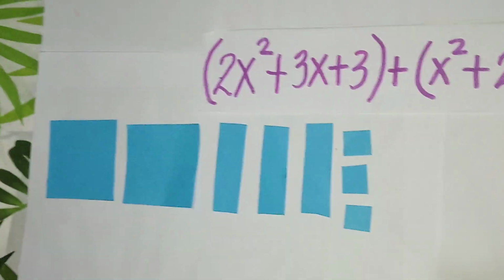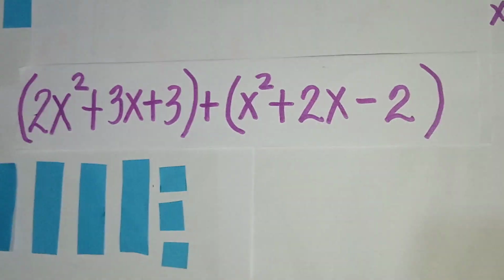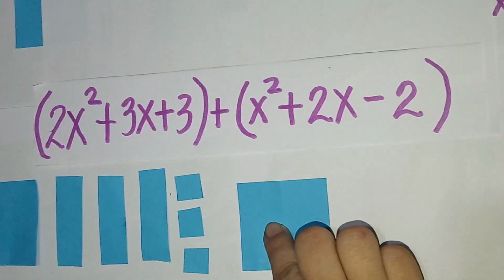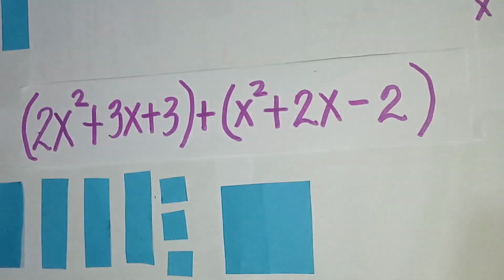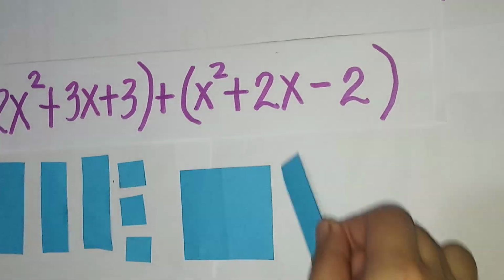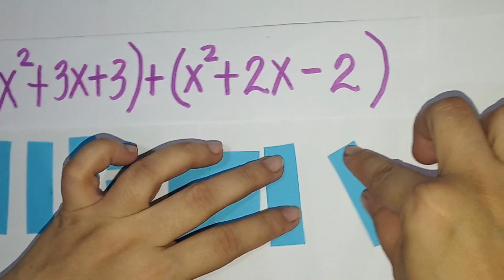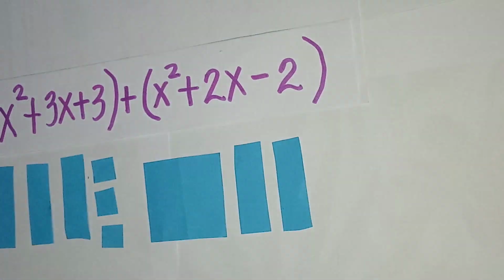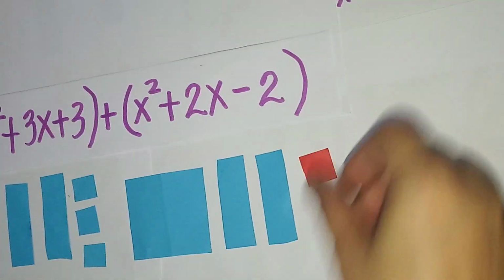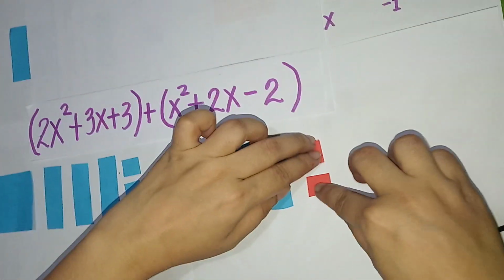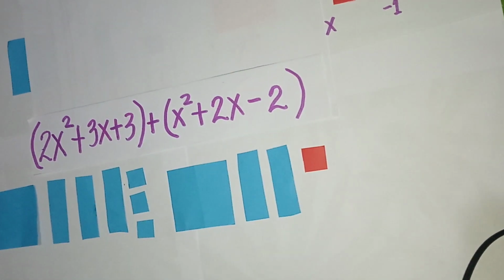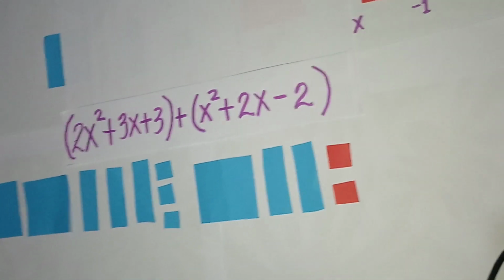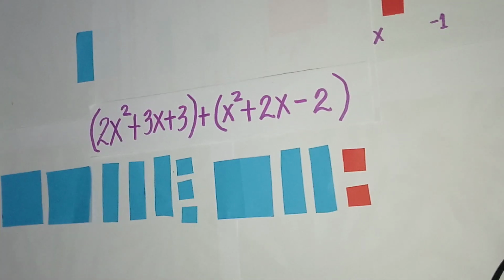On the other hand, you will be adding 1 piece of positive x squared and then 2 pieces of 2 by 1, and then here you have minus 2. You have only 2 pieces of the tile that represents your negative 2.